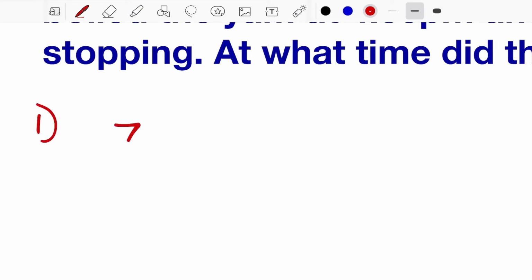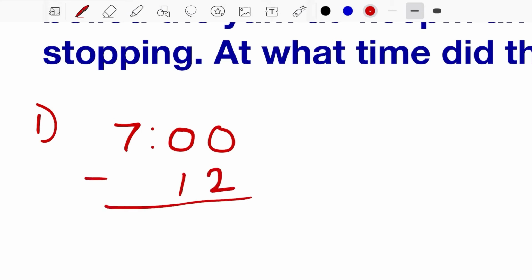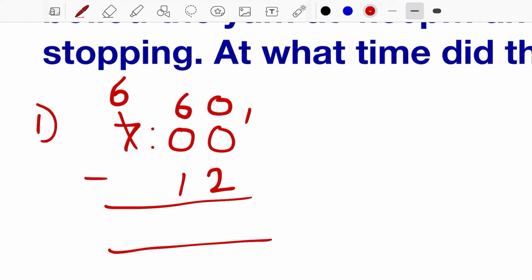So that's 7 a.m. take away 12 minutes. 0 cannot take away 12, so we must borrow from the 7. We will bring across 1 hour as 60 minutes. So 60 plus 0 is 60 minus 12. 60 minus 12 is 48. 6 minus 0 is 6, so that's 6:48 a.m.